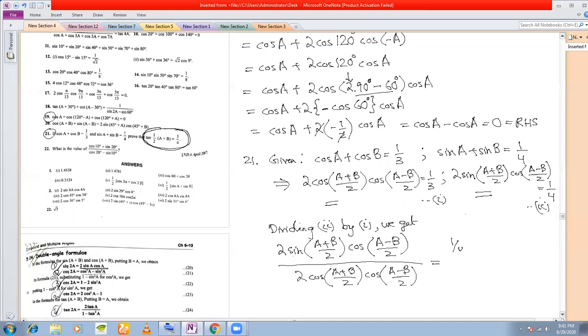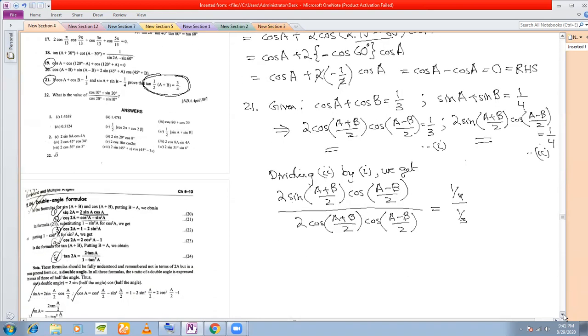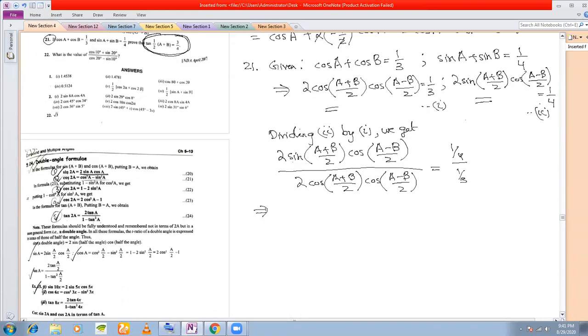And on the right hand side, what you have? You have 1/4 here and you have 1/3 here, by 1. Okay. So what happens here? You see 2 and 2 cancel. What else cancels? This cos (A minus B)/2 cancels. So you're simply left with sin (A plus B)/2 by cos (A plus B)/2, which is tan (A plus B)/2. Isn't it? Tan (A plus B)/2 is equal to 3/4.